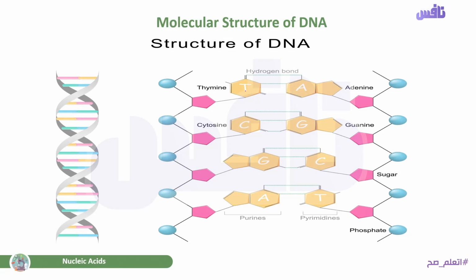Have a look. We here have a thymine nitrogenous base united with an adenine nitrogenous base. And here we have a cytosine nitrogenous base connected with a guanine nitrogenous base. And it's a rule: thymine always connects with adenine and cytosine always connects with guanine.